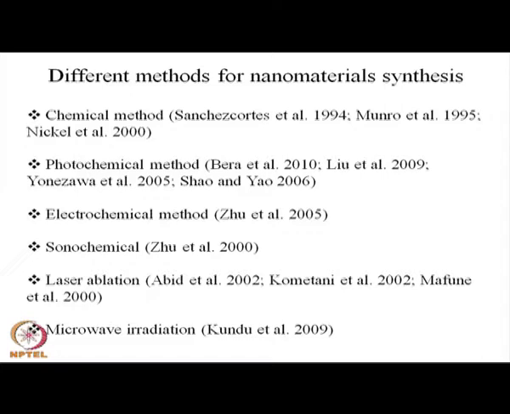Maybe if you look into a specific method, say the photochemical method, then you will find different subdivisions under it. This gives you the overview, not exactly in detail, but just for knowledge purpose, you can get the idea of what are the general methods for synthesizing these nanomaterials.